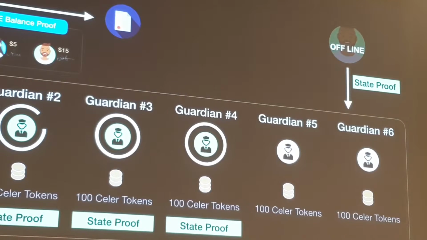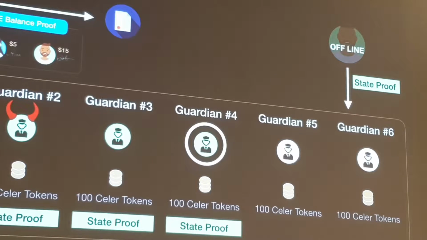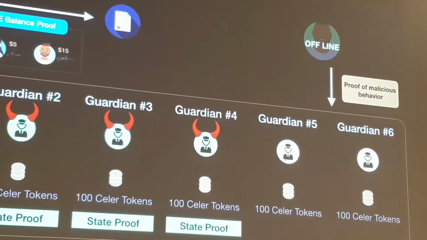Now, a very valid question to ask is, okay, what happens if number 2, number 3, and number 4 are all malicious? What's going to happen then? Well, that becomes the last resort. When the user later comes back online, because of the plasma semantics of this state guardian network, there is the capability to attribute history pretty accurately.